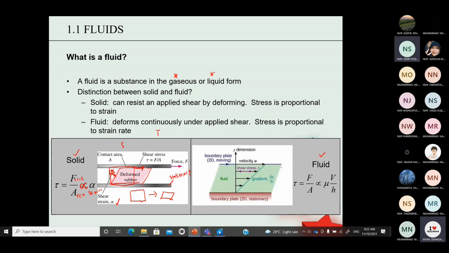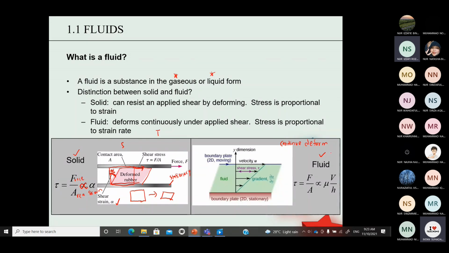For fluid, you can measure the shear strain because your fluid, liquid or gas, will continue to deform. It means that the shape will change when you give force. So you can measure the shear strain like solid.